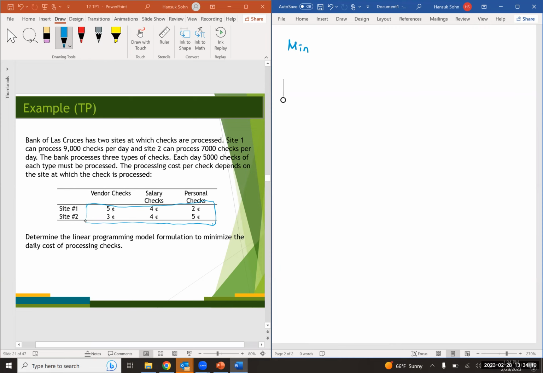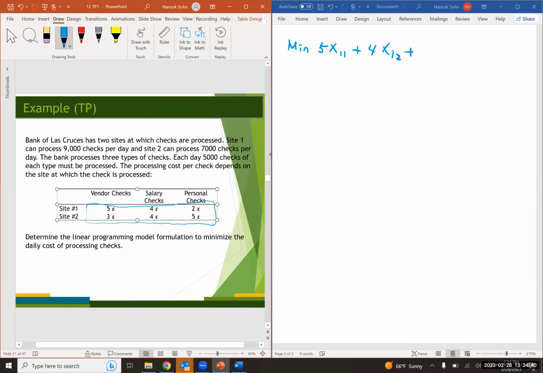And then let's use 5 cents for X11, right? And then 4 cents for X12.